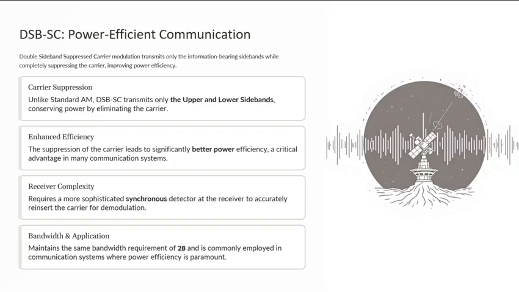But the receiver cannot use envelope detection. It needs synchronous detection, which makes the receiver more complex. Bandwidth requirement is still 2B. DSBSC is used in systems where power efficiency matters more than simplicity.